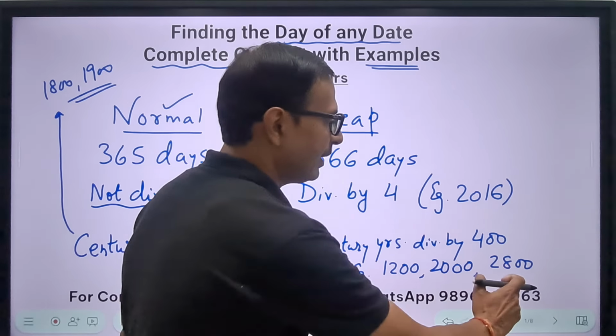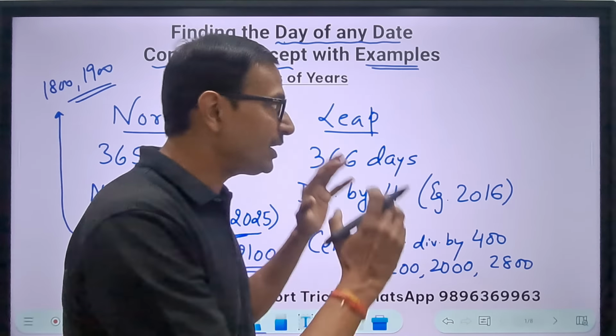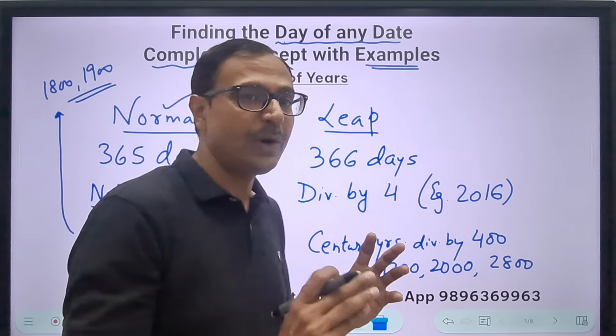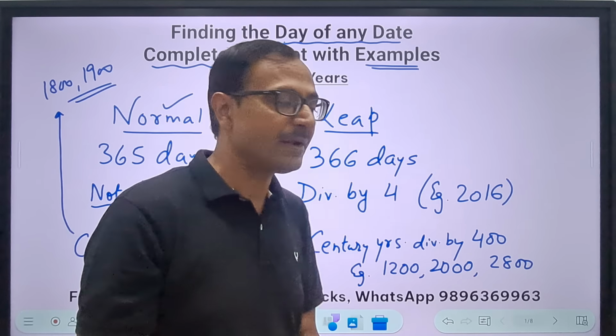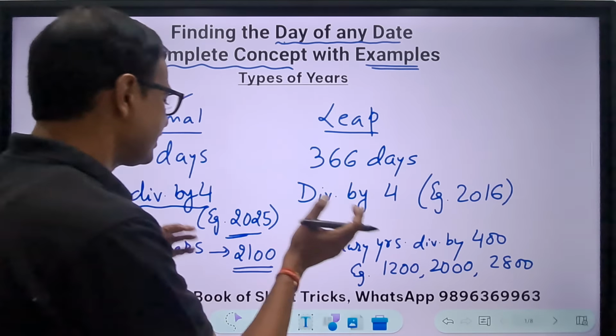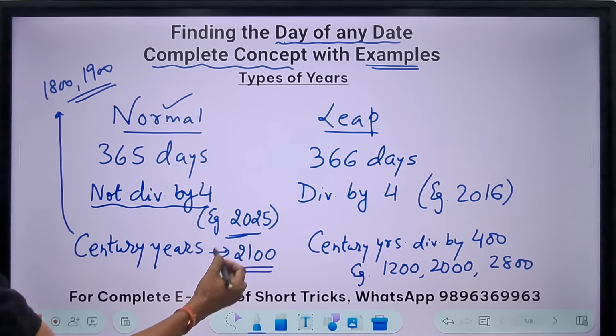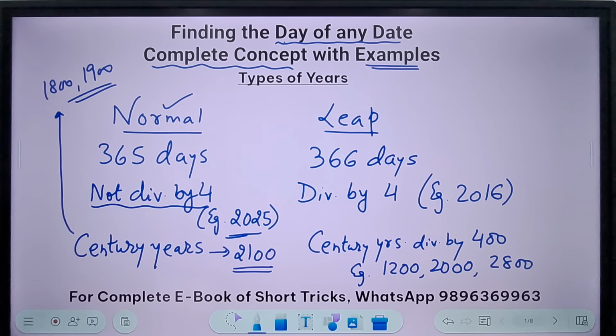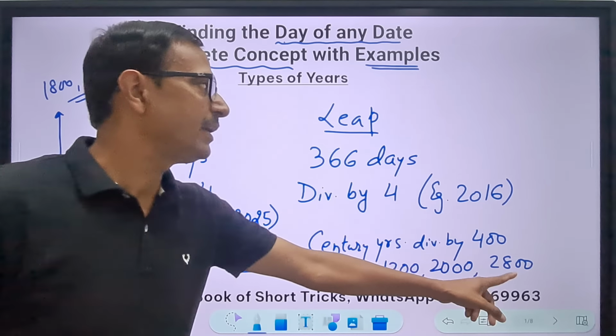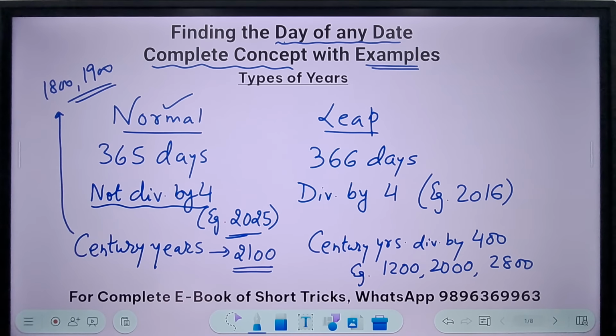All these are divisible by 400. So when it comes to century years, you have to check the divisibility of that year by 400. If it is not divisible by 400, just like this, it is a normal year, and if it is divisible by 400, then it is a leap year. So this is the first important thing you should know when you are taking up this particular topic.